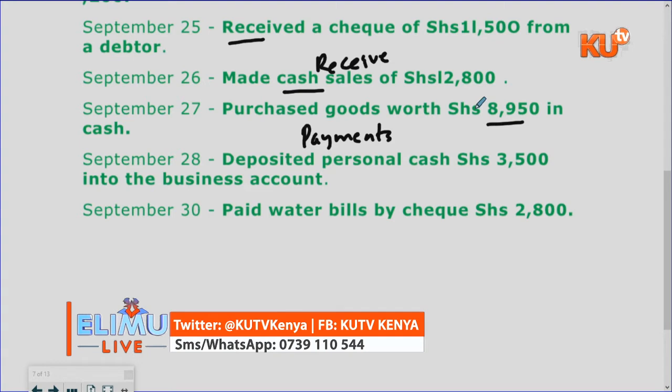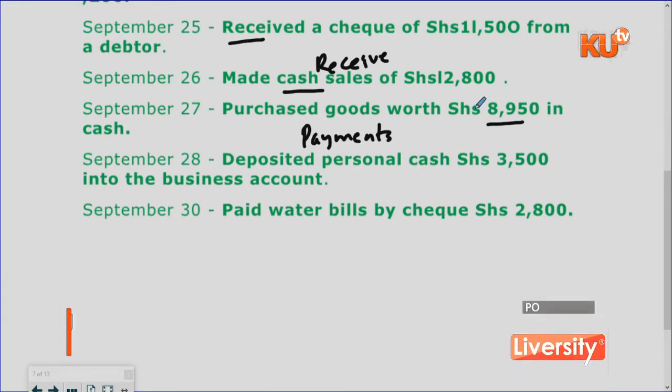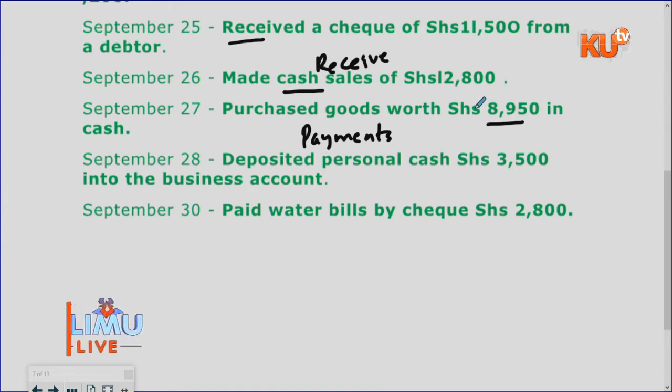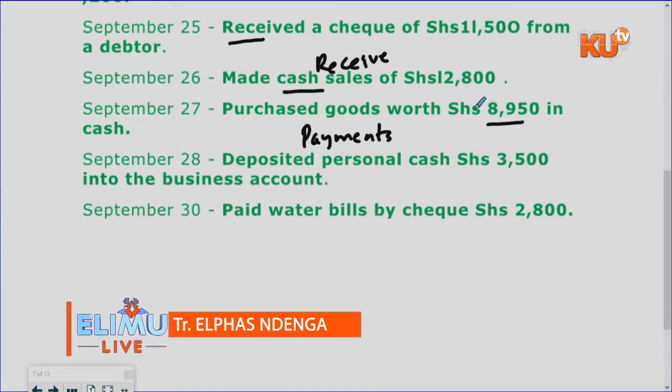We are depositing personal cash, so the business is going to have an increase. And remember, if we are looking at it in terms of capital, this is what we call the additional investment, because you are taking resources from your personal resources into the business. So we'll simply have to add the cash, the business cash account.